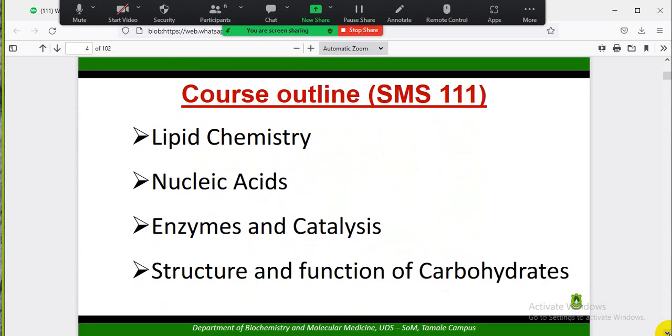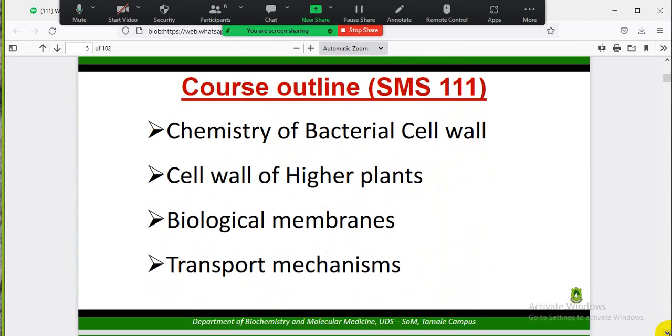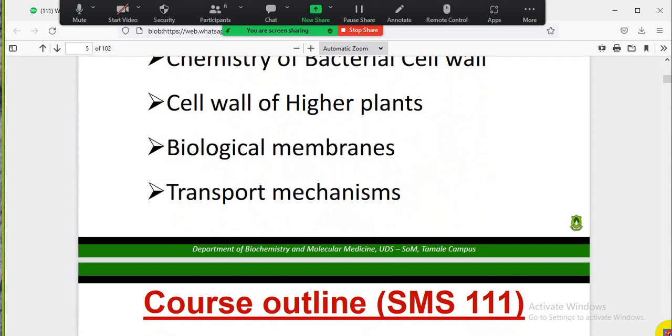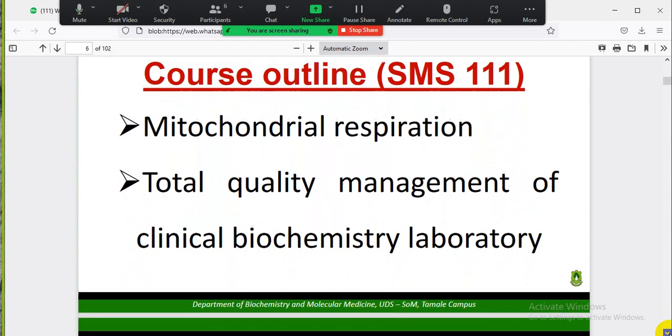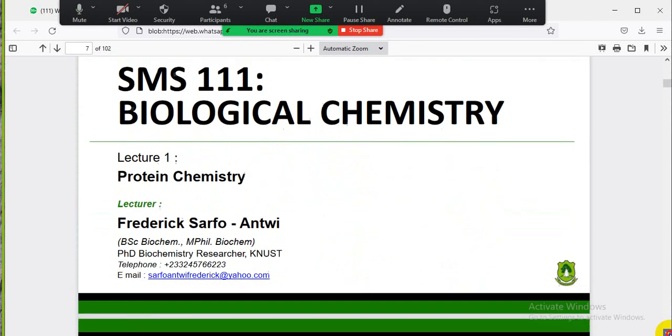We also look at lipid chemistry, nucleic acids, a bit of enzymes and catalysis, structure and function of carbohydrates. But those ones will be part of the subsequent slides. Chemistry of bacteria cell, cell wall of higher plants, biological membranes, transport mechanisms, mitochondrial respiration.